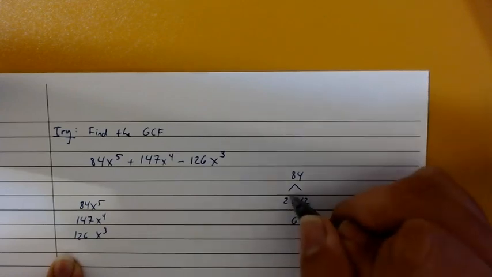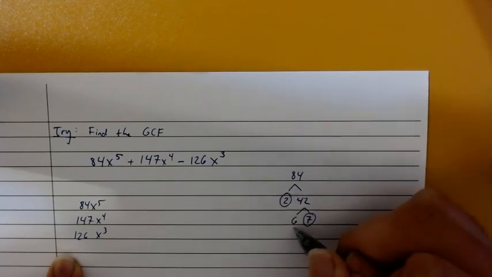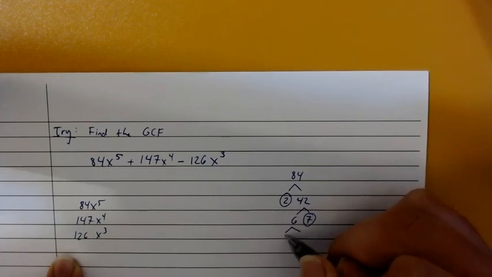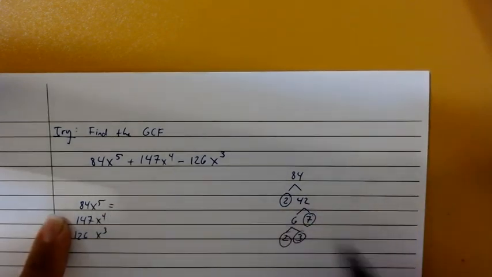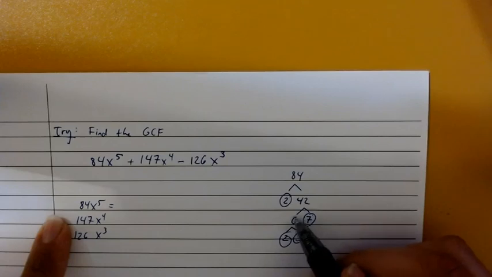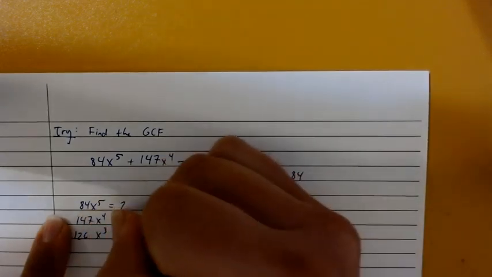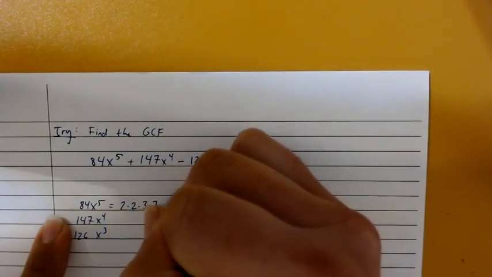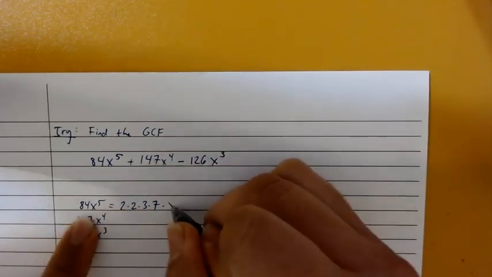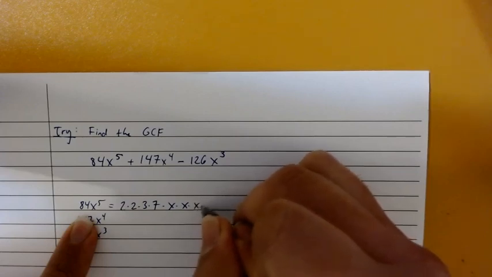And then 2 is a prime number, and so is 7. But I can factor 6 as 2 times 3. All right, so there we go. 84 is 2, 2, 3, 7. Remember, we only worry about the prime numbers, not the 6 or the 42. 2, 2, 3, 7. And then x to the 5th is 5 copies of x multiplied together.